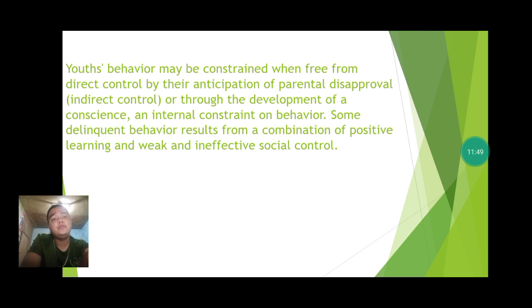So behavior may be constrained when pre-directed by control through anticipation of parental disapproval, or indirect control, or through the development of conscience and internal constraint on behavior. Some delinquent behavior results from a combination of positive learning and weak and ineffective social control.